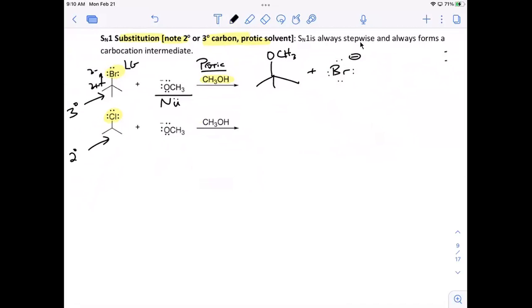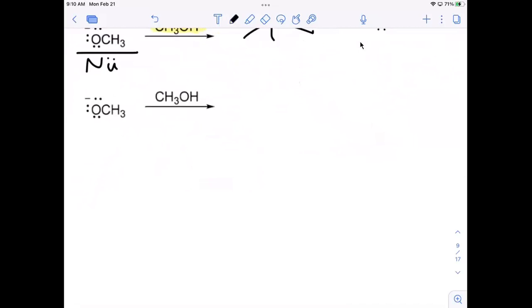Do you think something new and exciting is going to happen here? No. You're going to get the exact same outcome. It's a substitution, and so you're going to lose your leaving group.